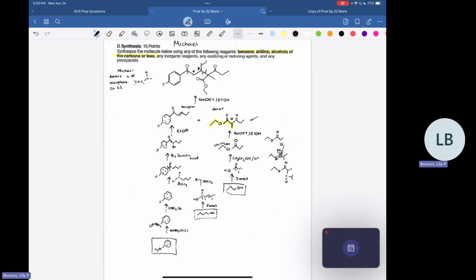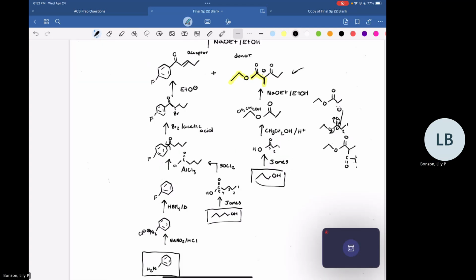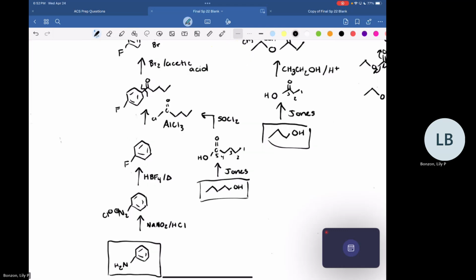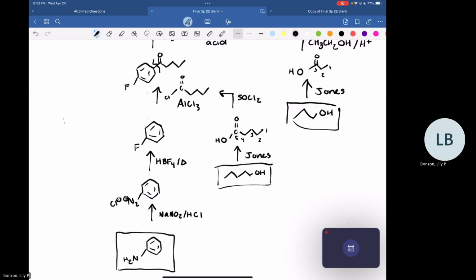The NaNO2 one? I would probably show the intermediate, like the N2Cl minus. What do you think, James? Show the intermediate N2?